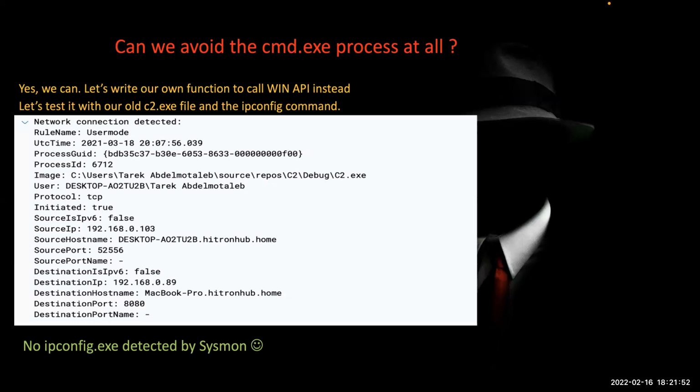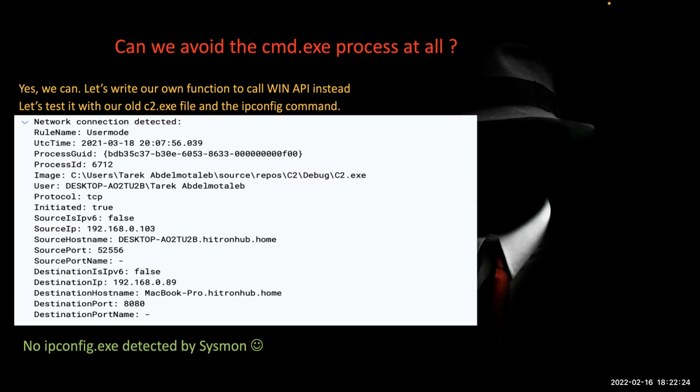So this is something else also. Now we know how to spoof the process ID, or how it's done. Also, when you execute a command, still it's going to show as a cmd.exe, even though you create a different process for cmd.exe, because you don't want it to be the same process. But how to avoid that? Well, in order to avoid that, you have to create your own API or your own functions using native APIs to do that, like ipconfig or whoami.